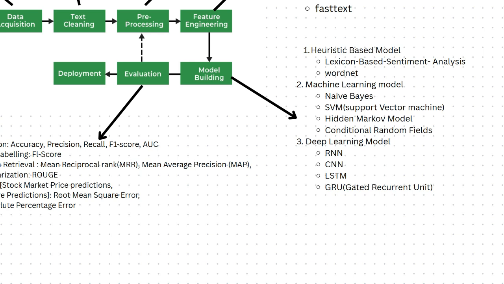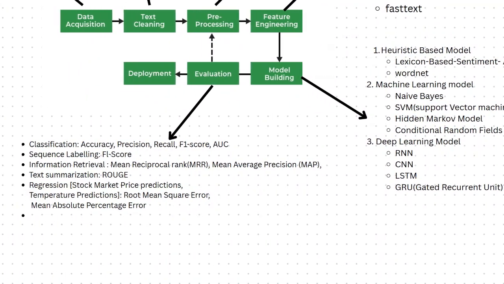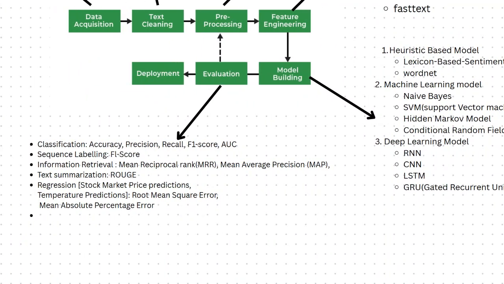After the model has been built, the next step is the evaluation step, where we evaluate the accuracy of the model. For each specific model or method, we could use a different evaluation method.